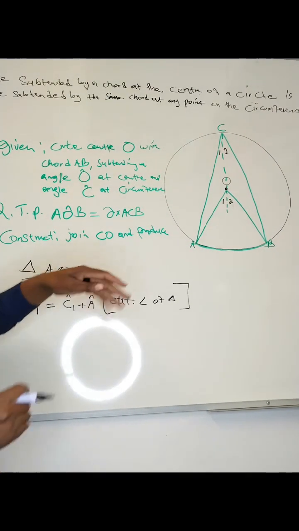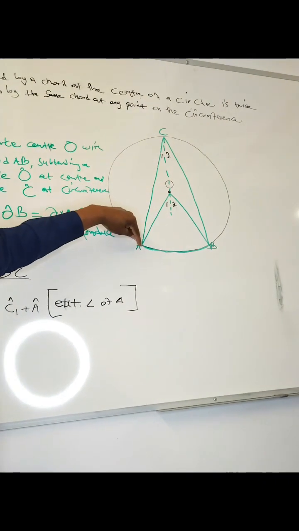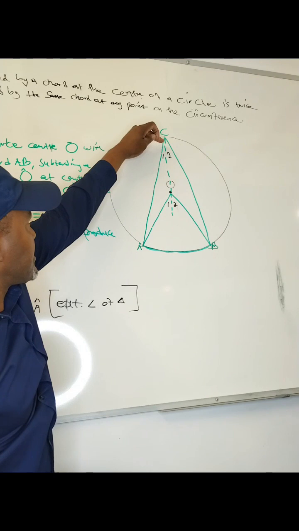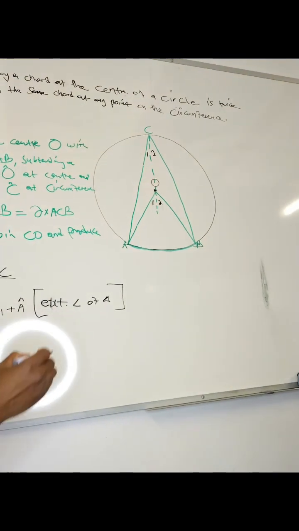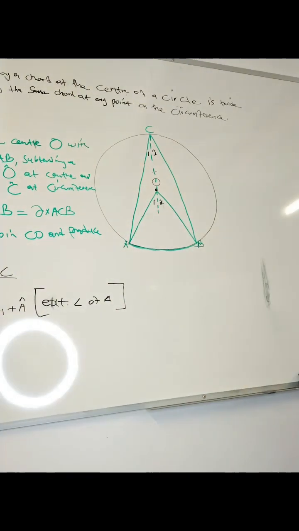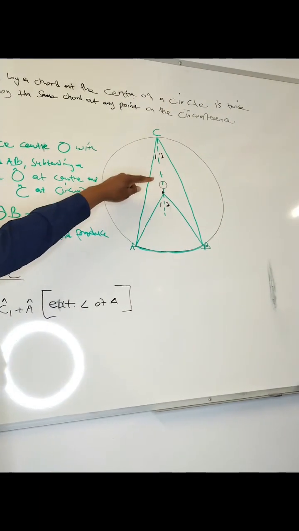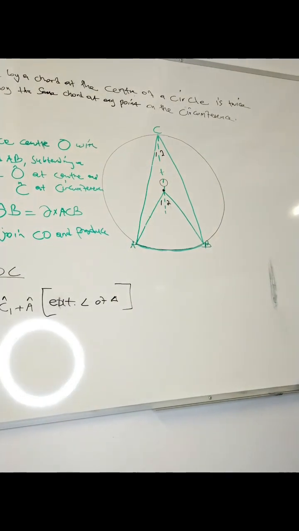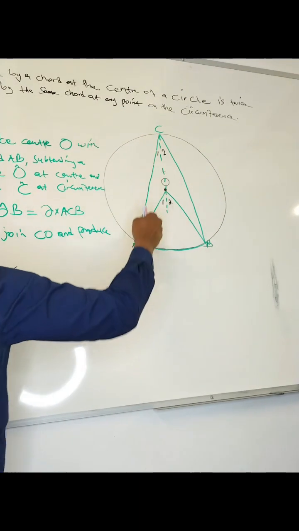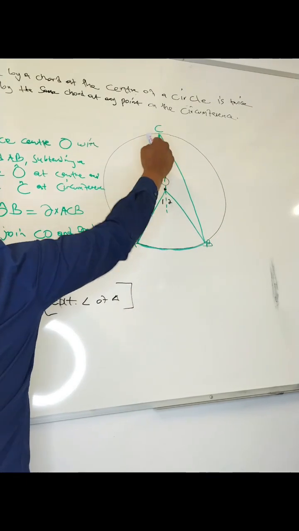But if you have a look here, this line is from the center to the circumference, and this line again is from the center to the circumference. So it means those two lines are equal. Why? This is a radius and that is a radius. So if those two lines are equal, the whole triangle here is what? An isosceles triangle.